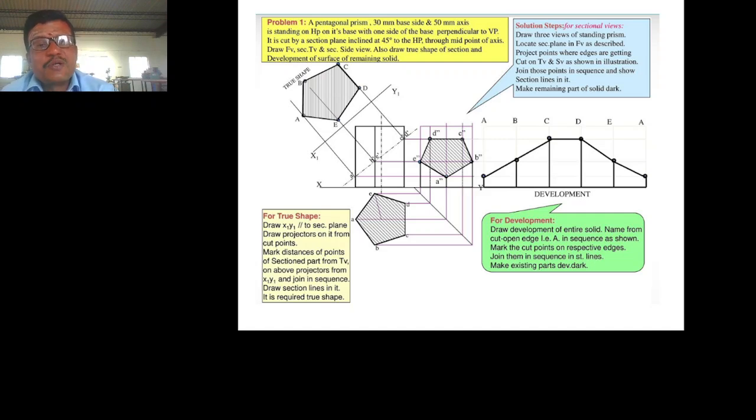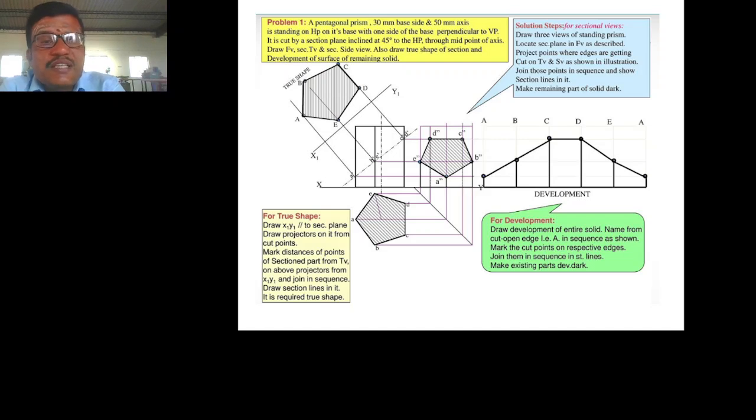Draw lines perpendicular to the section plane from A dash and B dash, similarly C, D and E. Now coming to the top view, from the XY axis, measure the distance of A, then project it from X1 to A. Then for projecting B, measure the distance from XY to B, then project it in the X1 Y1 plane.